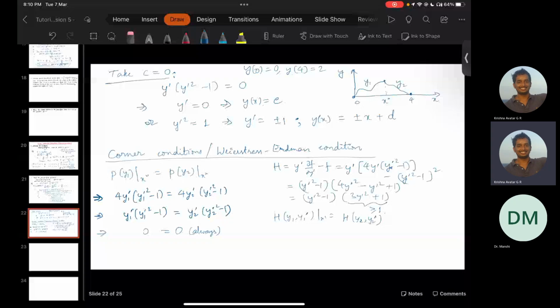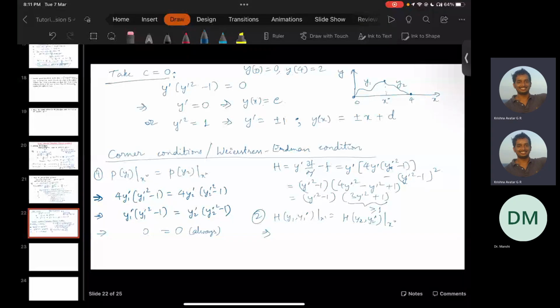I hope the expressions are right. So we'll have y1 prime squared minus 1 into 3y1 prime squared plus 1 is equal to y2 prime squared minus 1 into 3y2 prime squared plus 1.